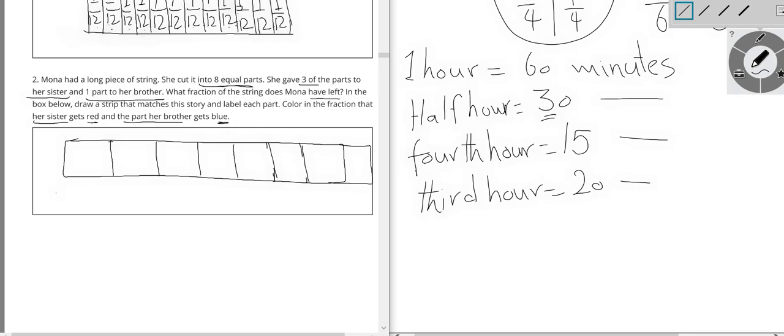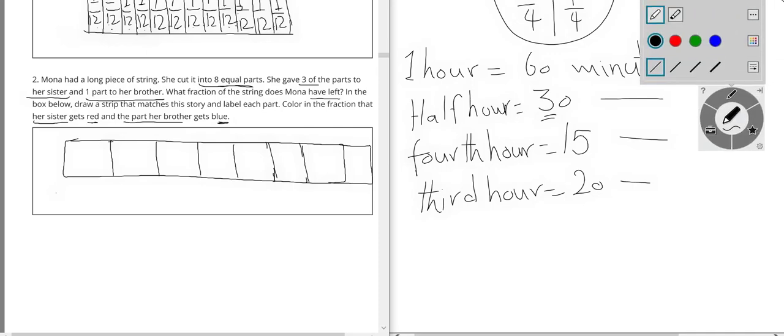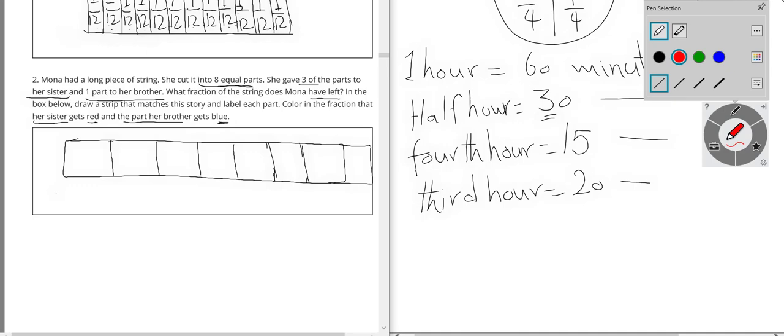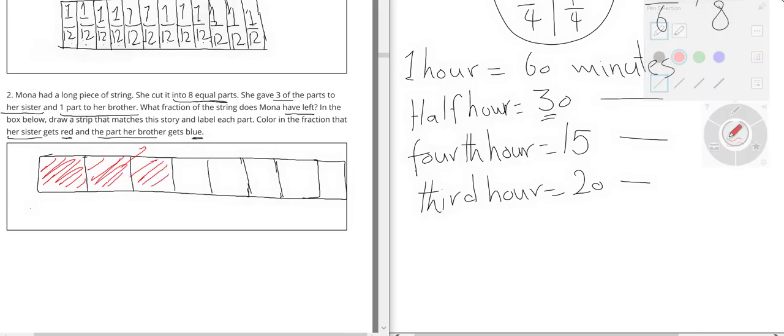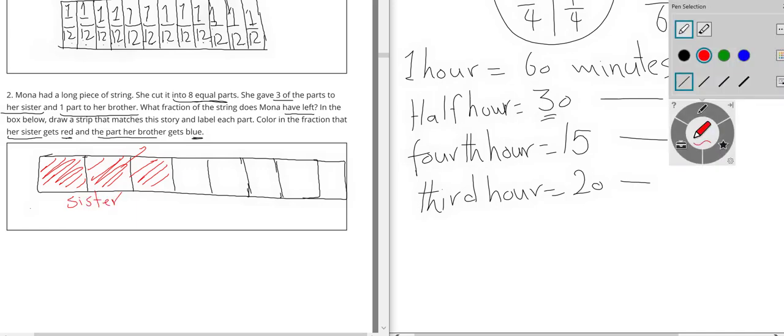We will color 3 parts in red. How many parts? 1, 2, 3 to her sister. And she gave 1 to her brother. Color it blue for her brother.